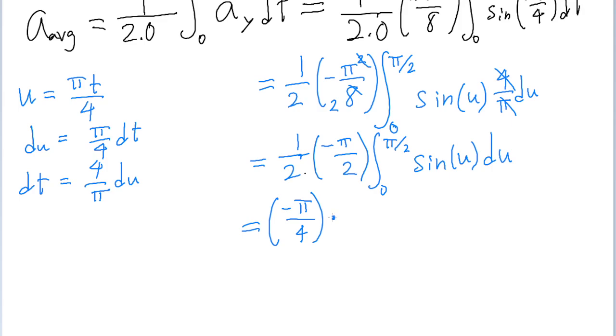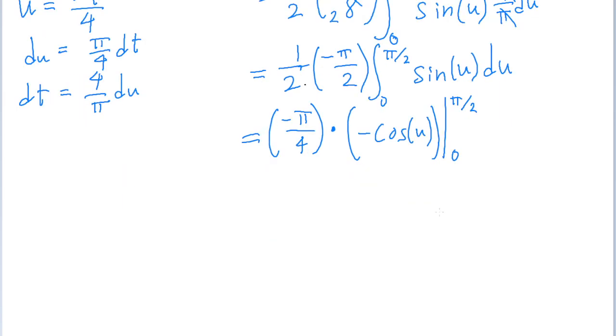And the integral is once again a fairly basic trig integral. The antiderivative of sine is negative cosine of u, with our bounds of integration being 0 to pi over 2.